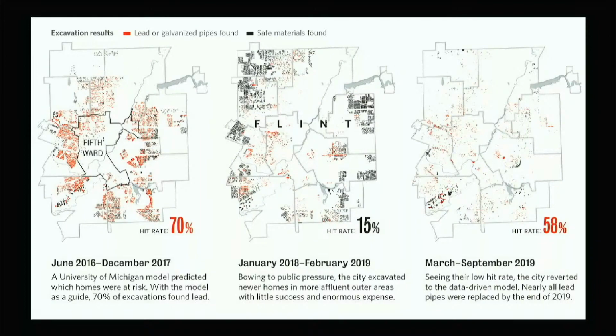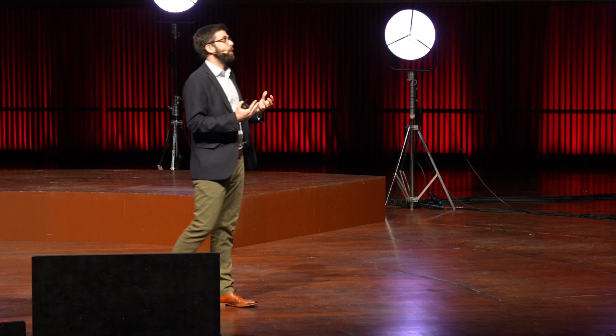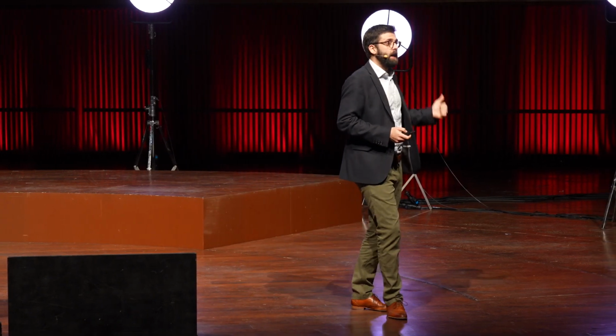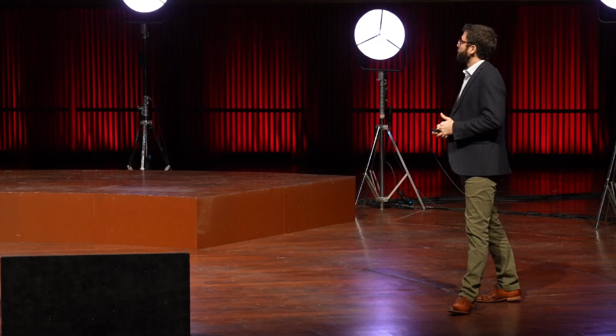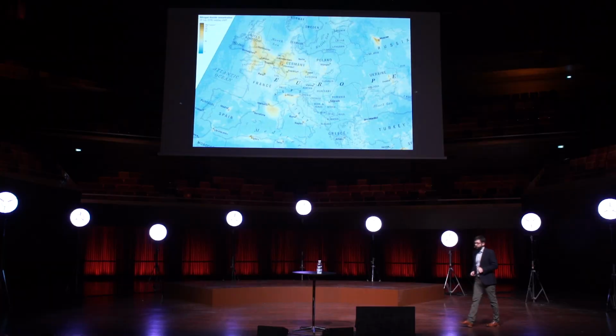And so finally they conceded in March 2019 and went back to this model, and the hit rate went back up to 58%. So it's a brilliant example of how there's truth in the data that may not be a convenient truth for some of the people in power, but actually it's one that matters if it comes to dealing with people's health.